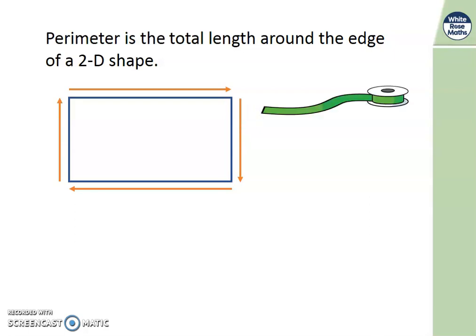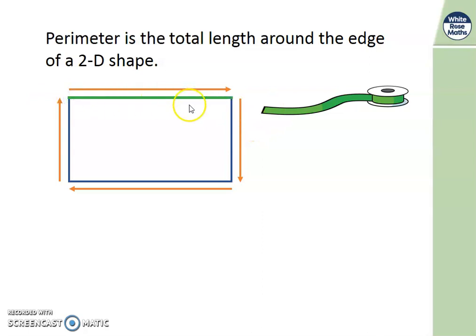I could measure that starting here and measure all the way round using some ribbon or some string or some wool or a bit of cotton. You could use anything that you have to hand that will bend around the corners. Let's have a look.